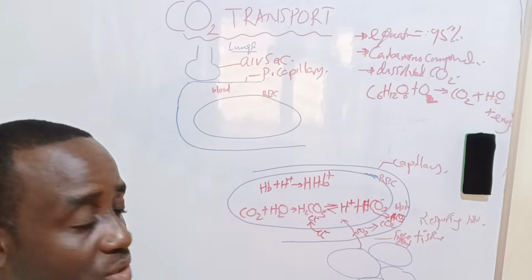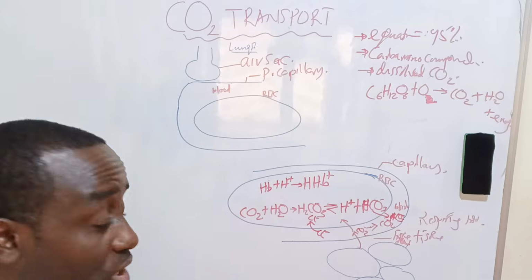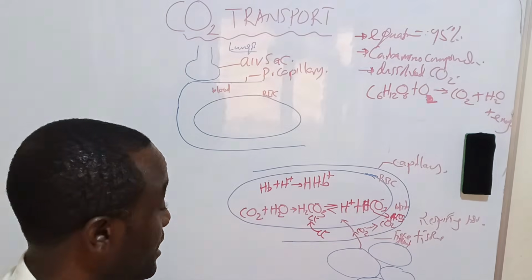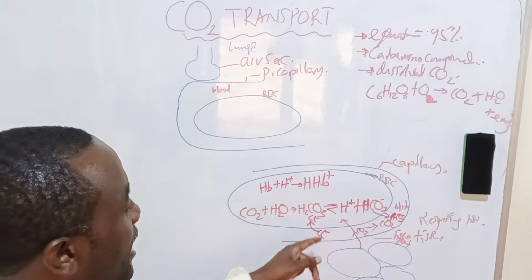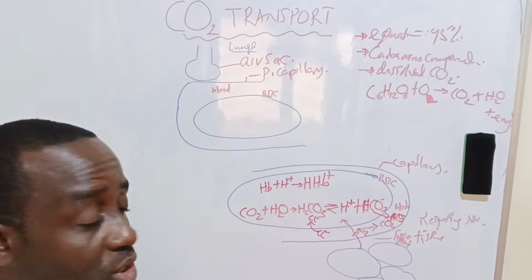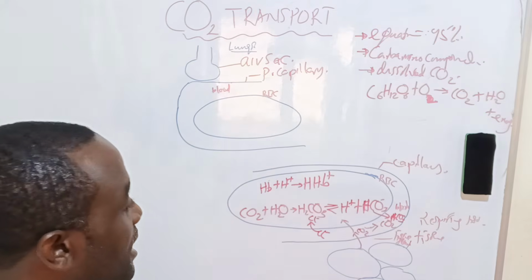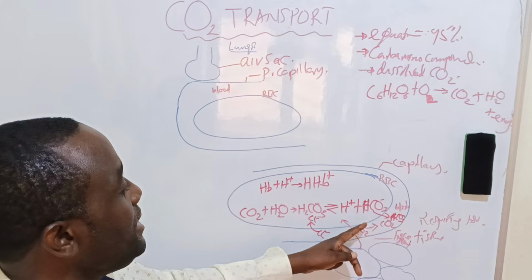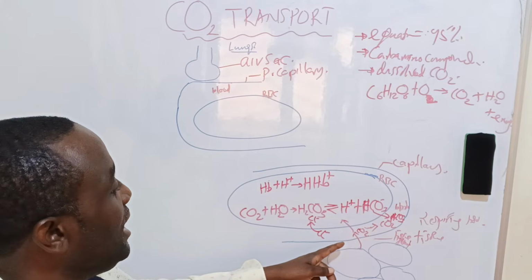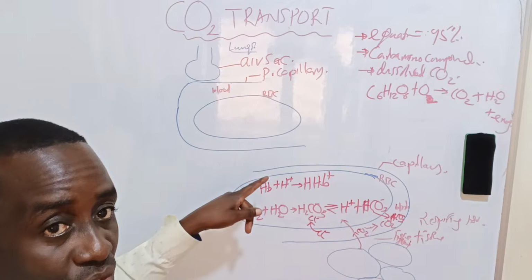Remember, chloride ions together with bicarbonate ions and sodium ions are highly located in extracellular fluid, in this case blood plasma here. So when the chloride ions come here, they nullify the positive charge of this acid here.